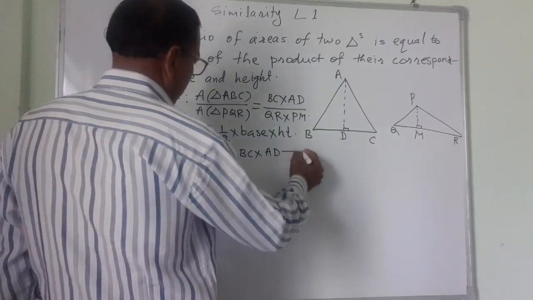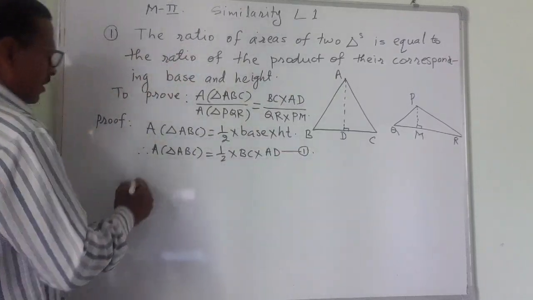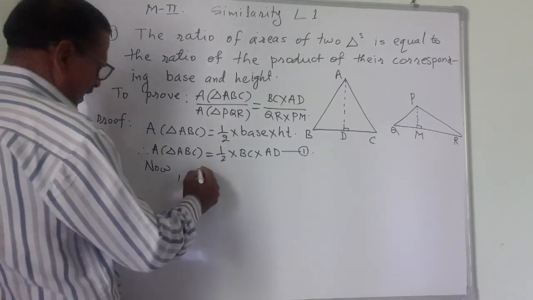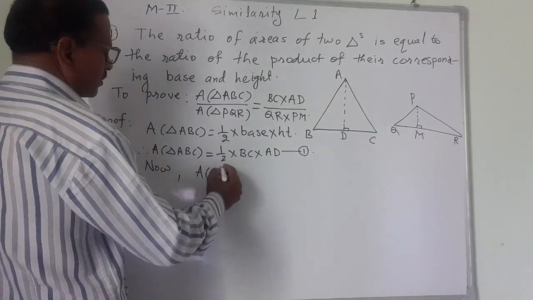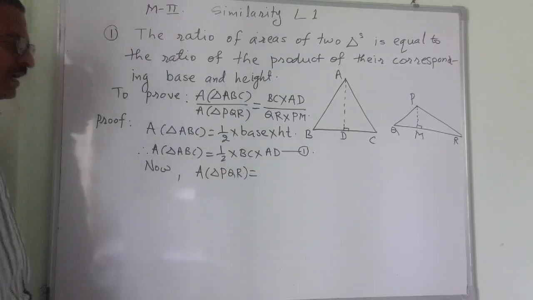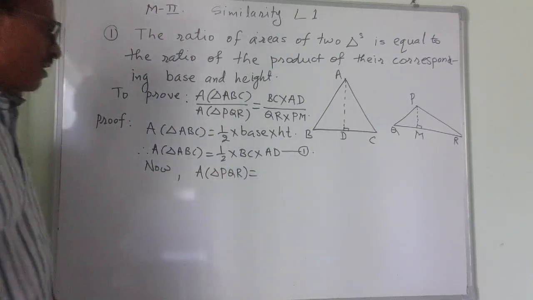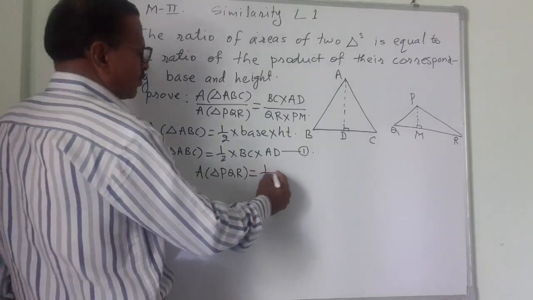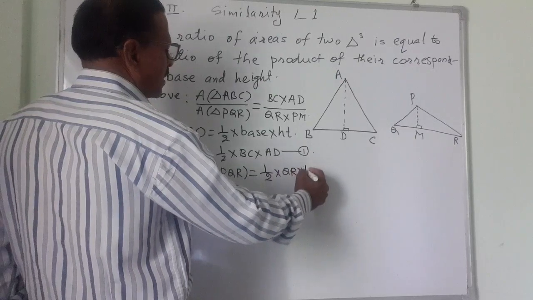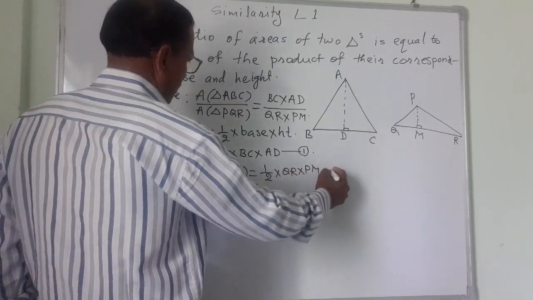This is number 1. Now, area of triangle PQR is equal to 1/2 into its base QR into the height PM. Number 2.